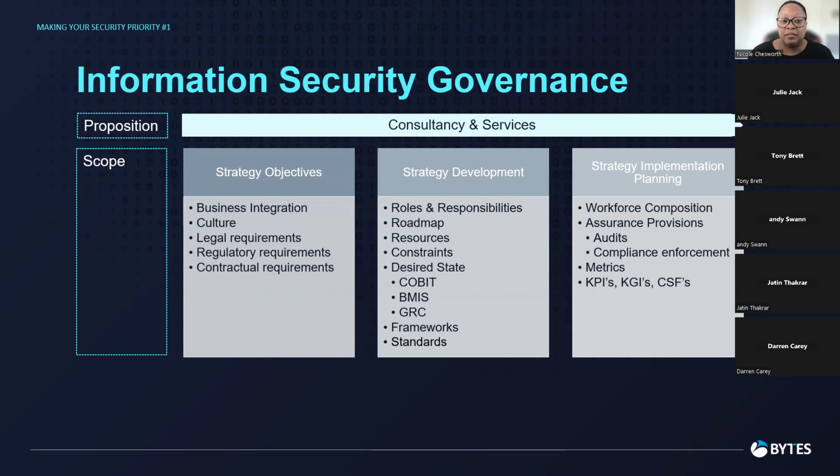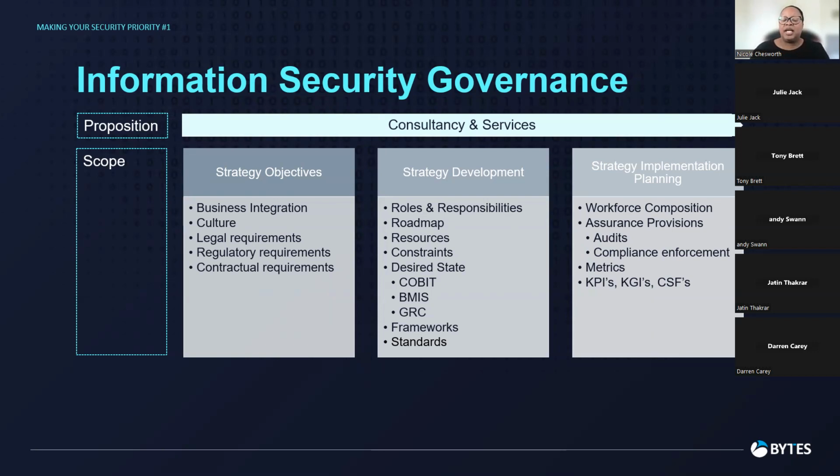Sometimes that could be frameworks and standards that help you build out that strategy development. So maybe for your specific sector, there's a framework that you need to follow, or there's a particular standard like ISO 27001 or PCI DSS.